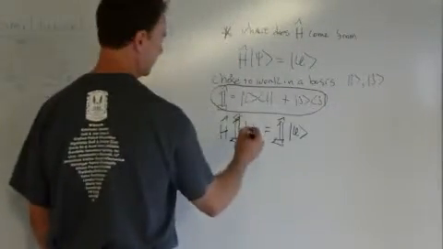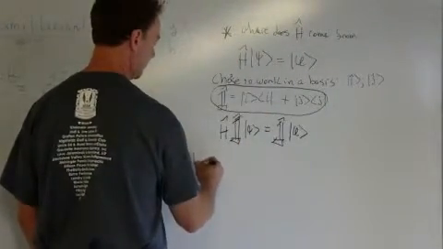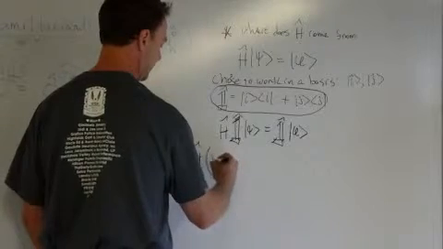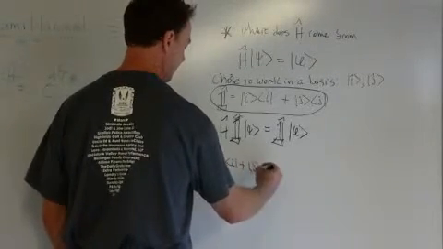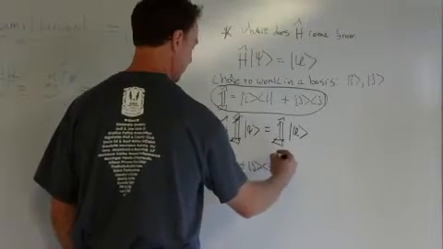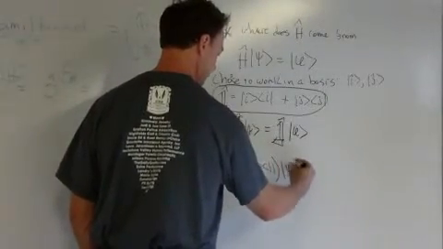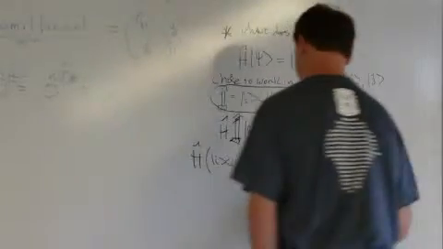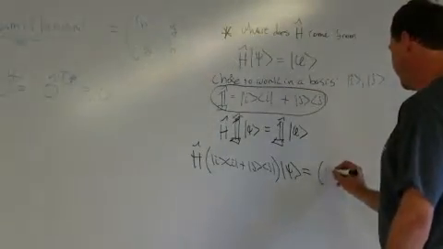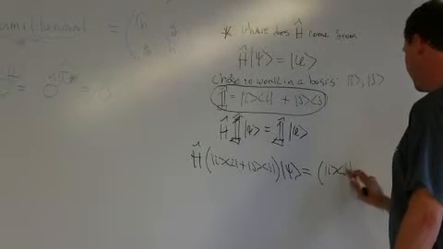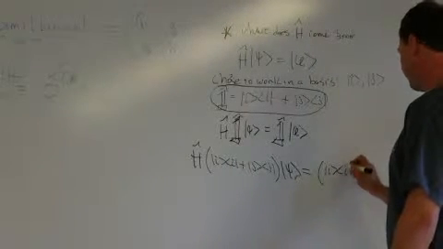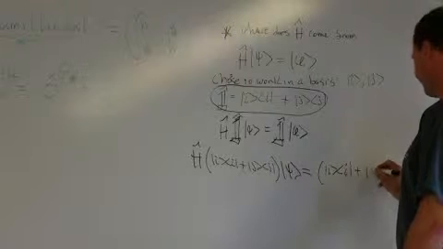Let's now put it in. It's going to be H times i plus j, times this thing, equals i, j, plus i. By the way, this is really a preview of next semester.